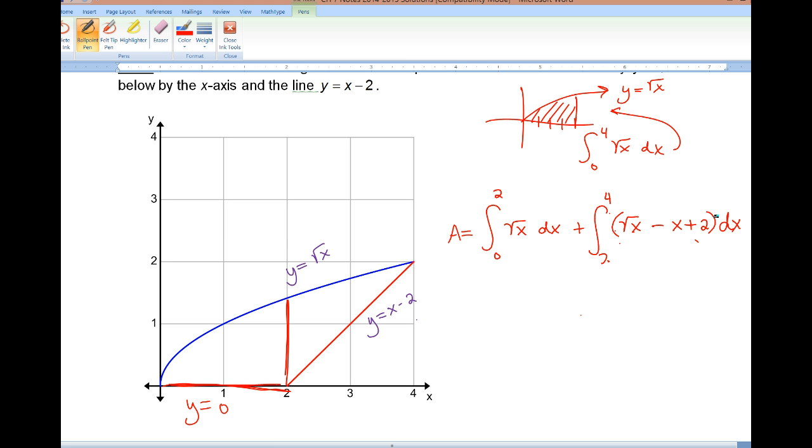I don't know, we can try it. I don't think so, but we could try it. Go ahead and evaluate this. You could plug this into your calculator. I know you guys can do it.